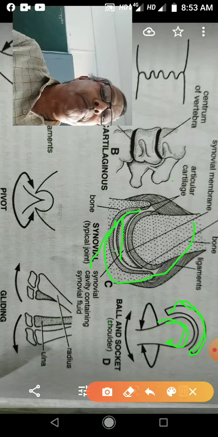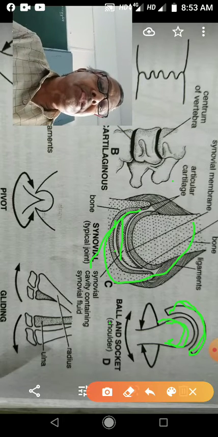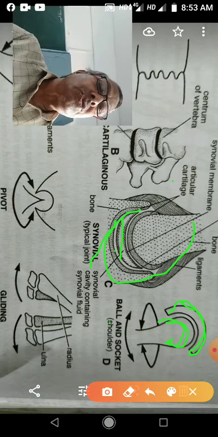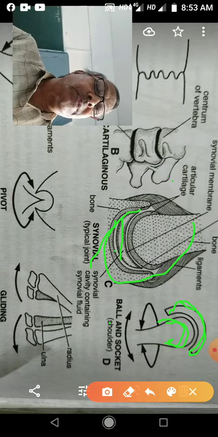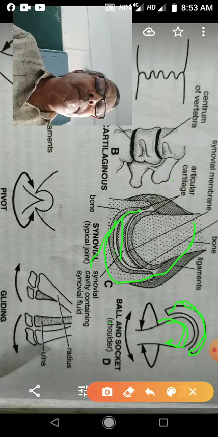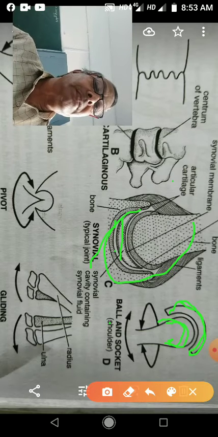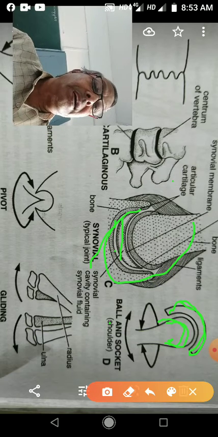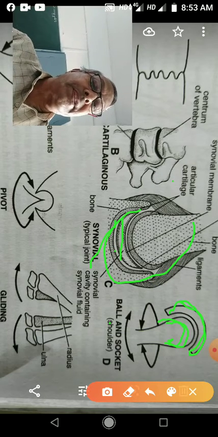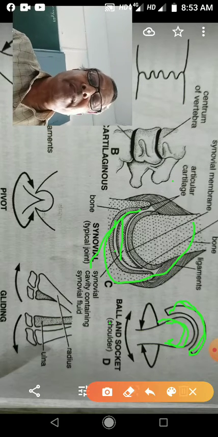So this is the ball and socket joint. This type of joint is in the joint between the humerus and glenoid cavity of the pectoral girdle. Another example of ball and socket joint is the joint between the femur and acetabulum of the hip girdle.